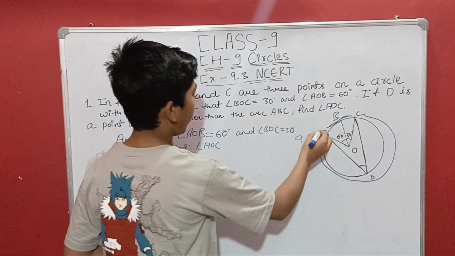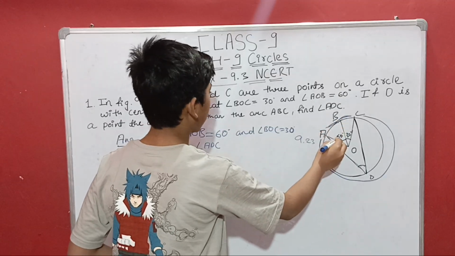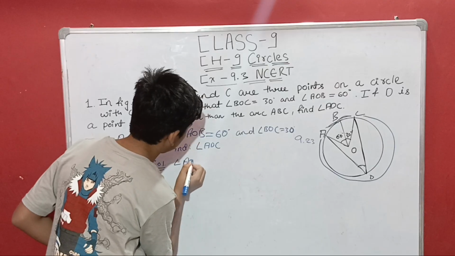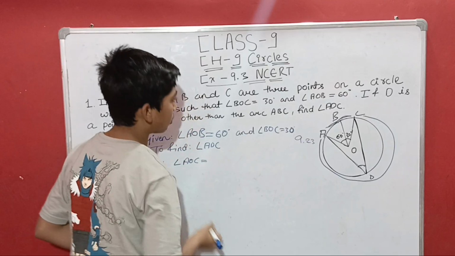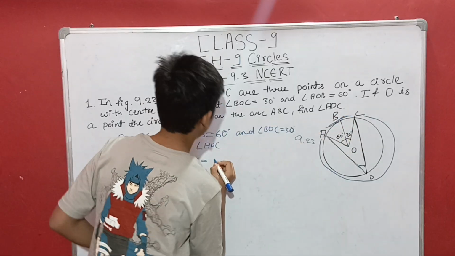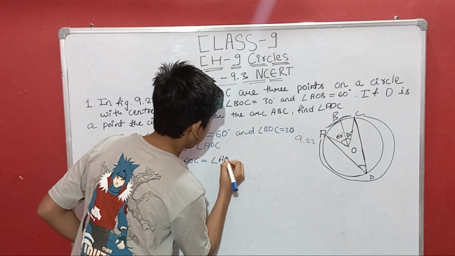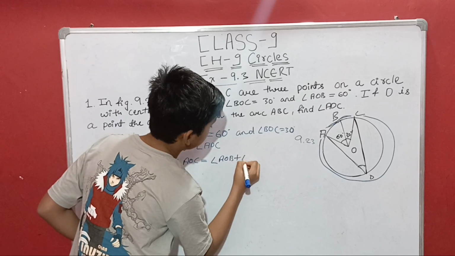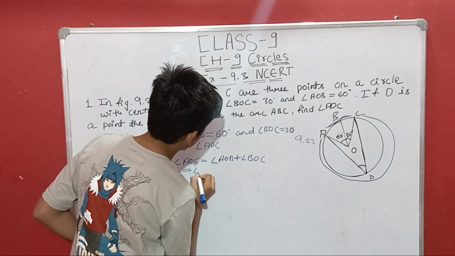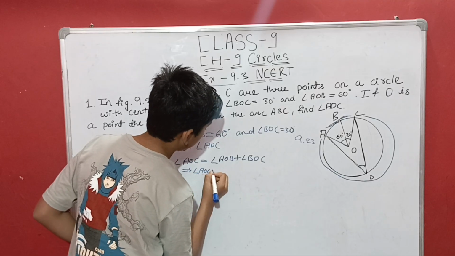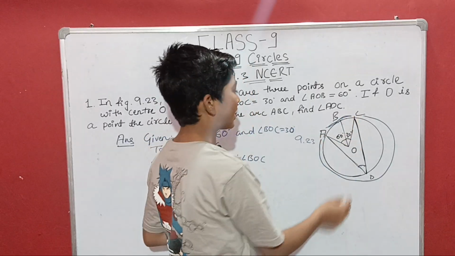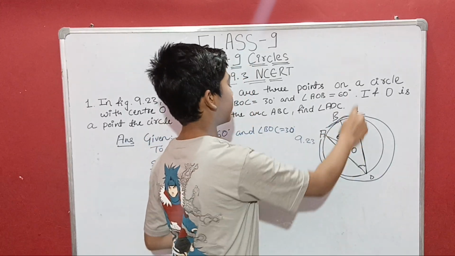We know that angle AOB plus angle BOC forms angle AOC. So angle AOC is equal to angle AOB plus angle BOC, the sum of this angle and this angle.